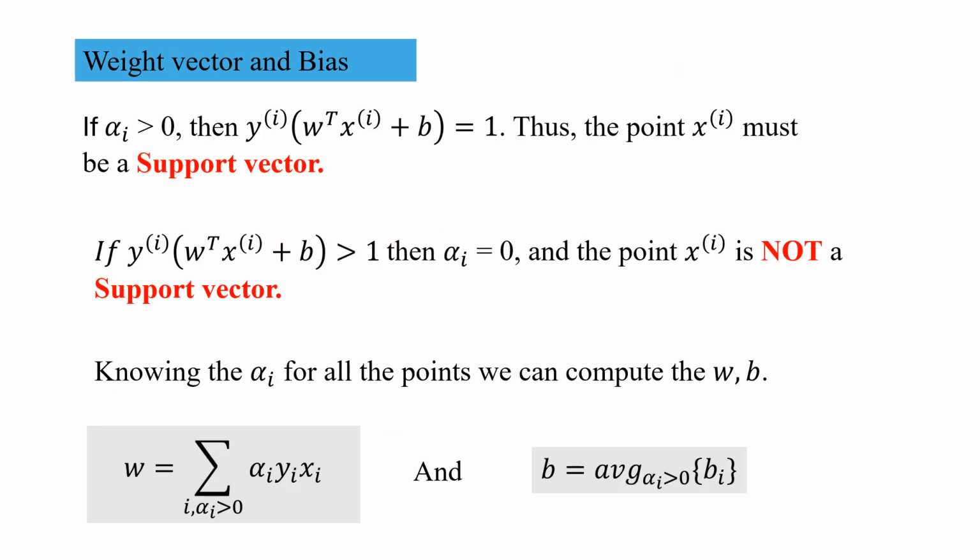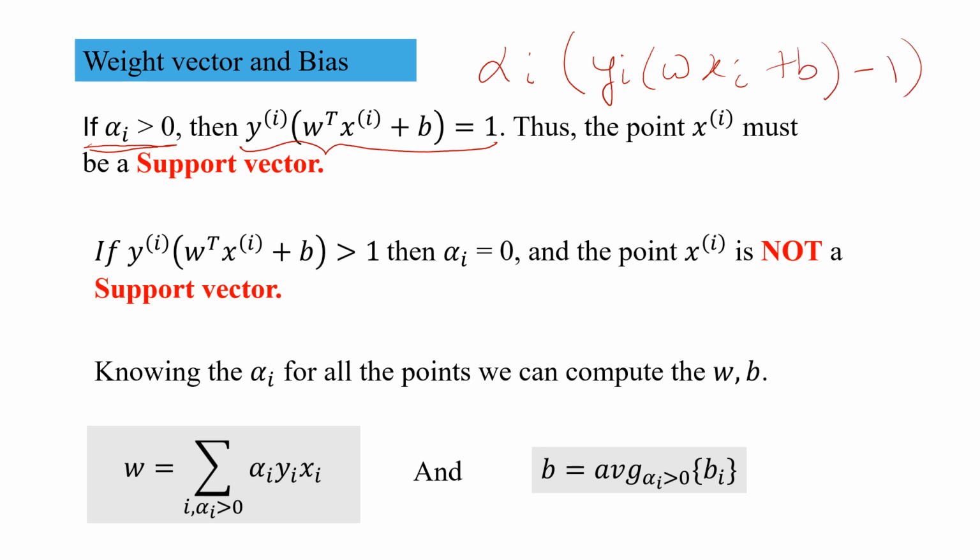So, two cases: either alpha i is 0 or the other component is 0. Now, if alpha i is greater than 0, then for the product to be 0, the other component, y i into (w x i plus b) minus 1, must be 0, or equivalently y i into this equals 1.